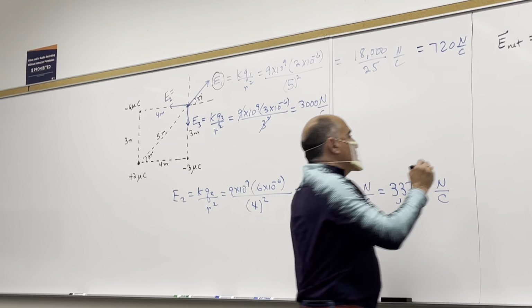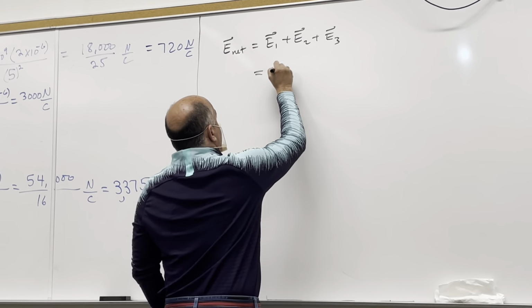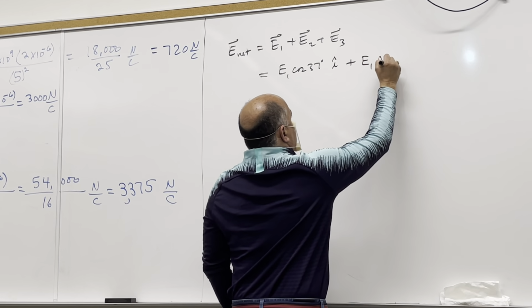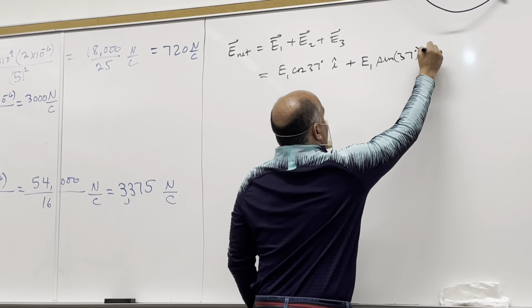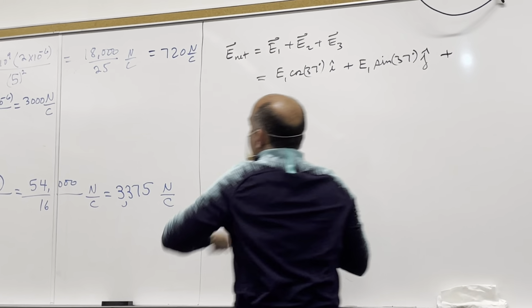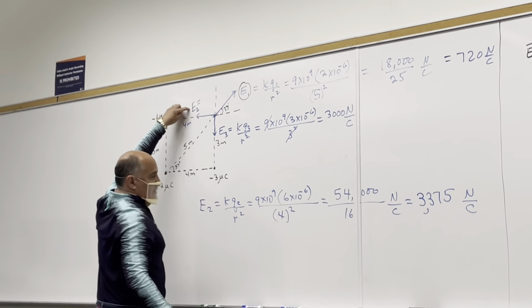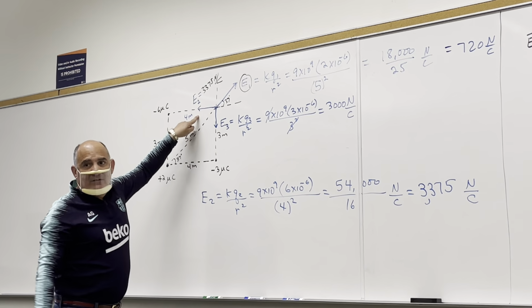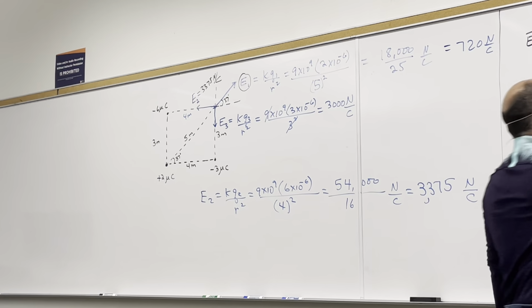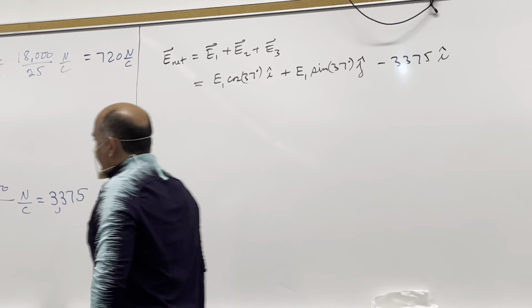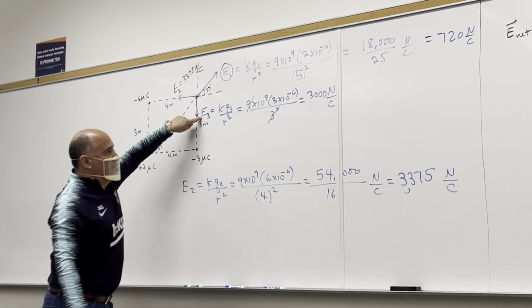So it has an x component to the right, so that would be E1 cosine of 37 degrees I hat plus E1 sine of 37 degrees J hat. So that's E1 plus E2, and E2 is this one, right? The magnitude is 3375 newtons per coulomb. That's to the left, so that's minus I hat. So this would be minus 3375 I hat. And E3 is in the negative y direction, so that's minus 3000 J hat.